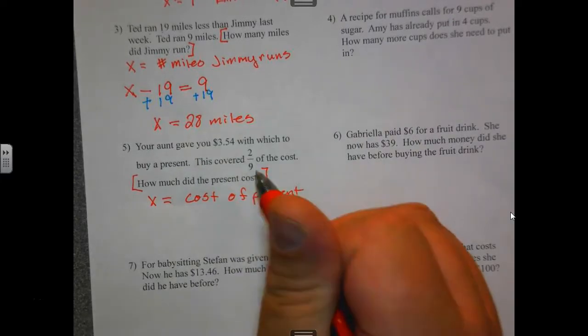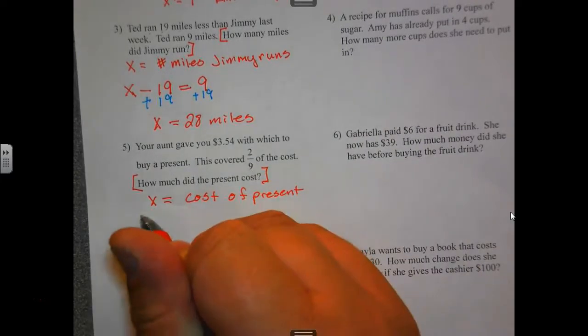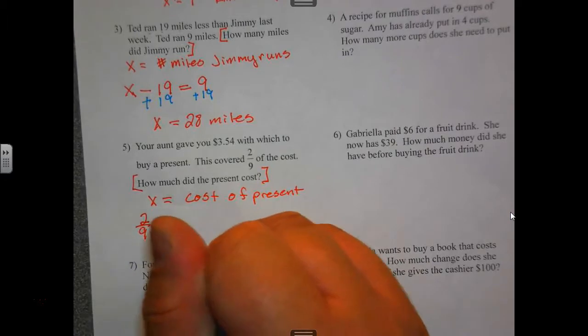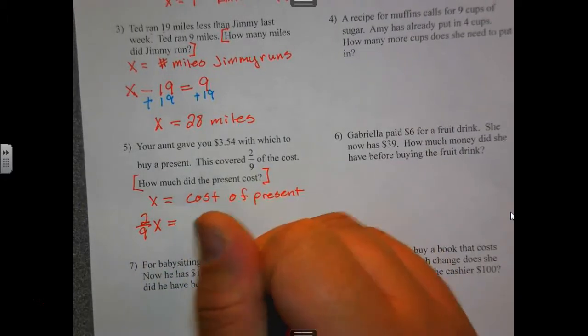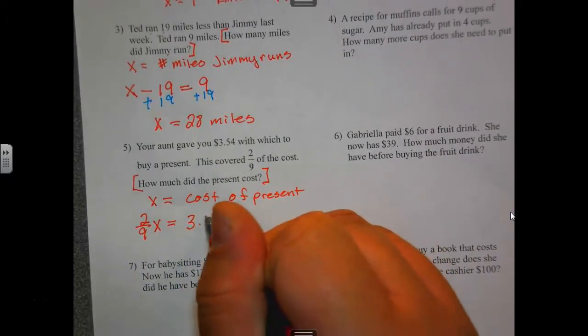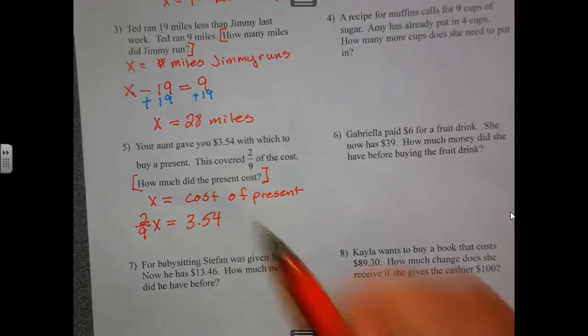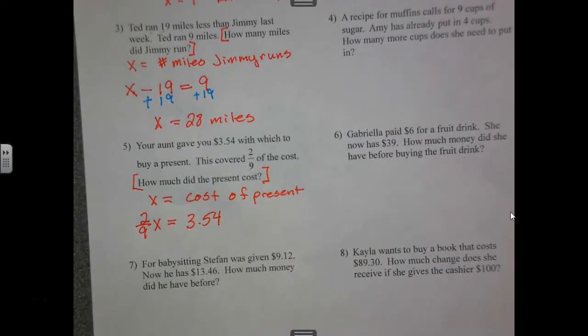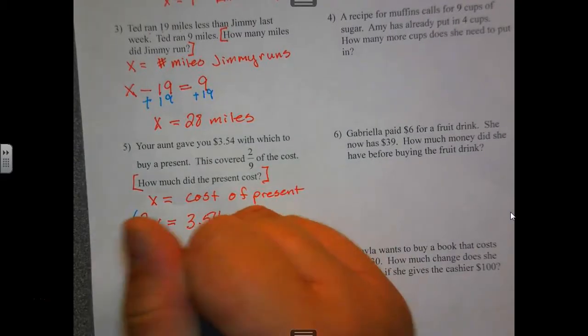Okay, this represents 2/9 of the cost, so we're going to take 2/9 of the cost. That's going to equal the $3.54. And again, the easiest way to get rid of a fractional coefficient is to what? Yeah, you're dividing it, which when you divide a fraction by a fraction, you're actually multiplying by the reciprocal, right?